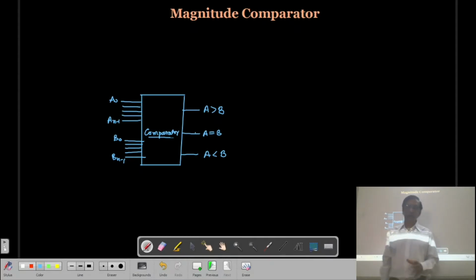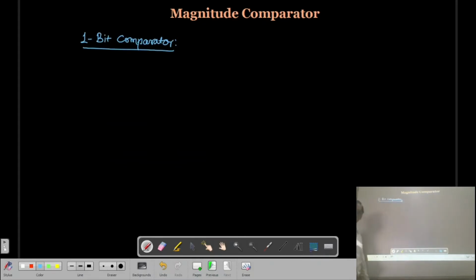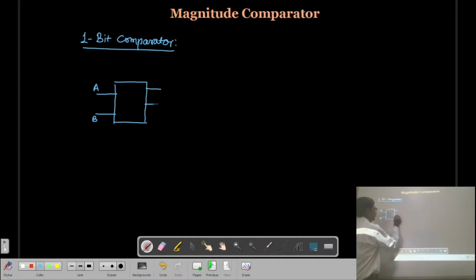So let us see what the 1-bit comparator is. A 1-bit comparator has an A input and a B input, so only one line each. Both are 1-bit binary numbers, and it has 3 outputs: A equal to B, A greater than B, and A less than B.